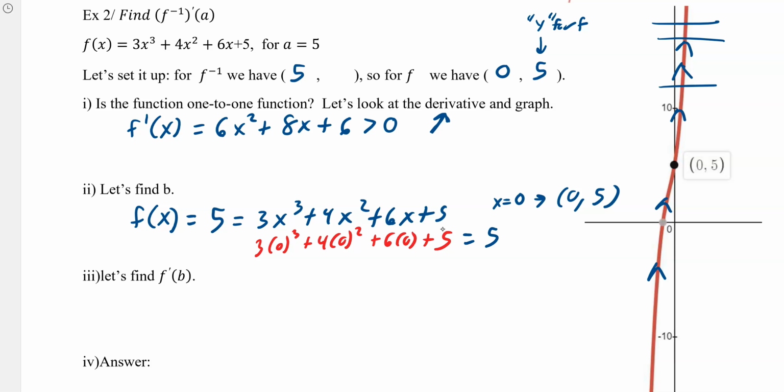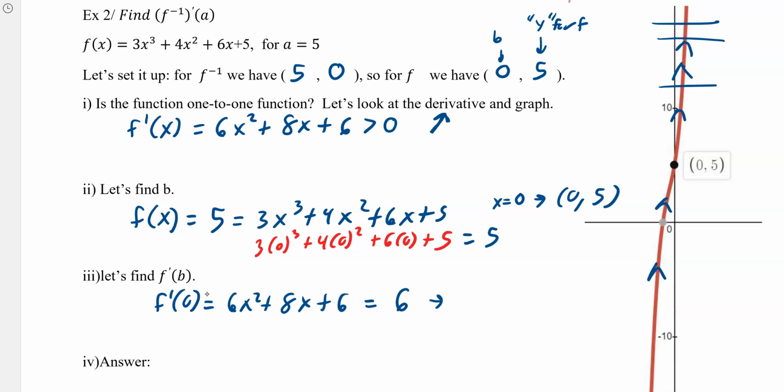So we know our b coordinate or our y coordinate for our inverse, and we know our x coordinate for our function itself. So now let's find f prime of b, and this is our b. Okay, so we now take that 0 and we just plug it in. And it's nice, 0, so we know it's 6.